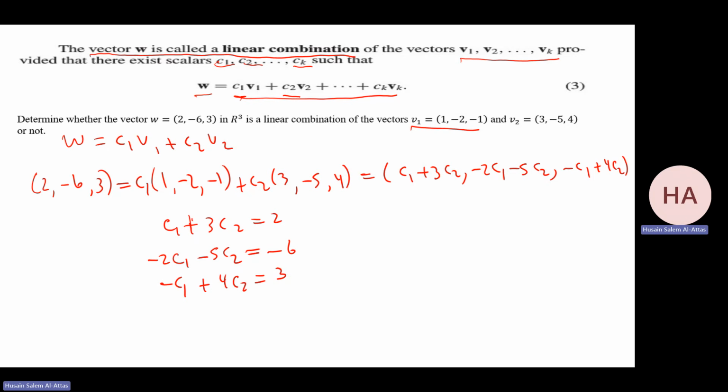One idea which I can do: this is 1, 2, 3. Either I move to Gauss elimination or I can add 1 plus 3. You will get C1 minus C1 gone, and I have 7C2 equals 5. So C2 equals 5 over 7.